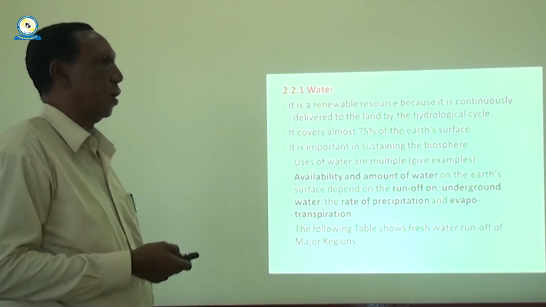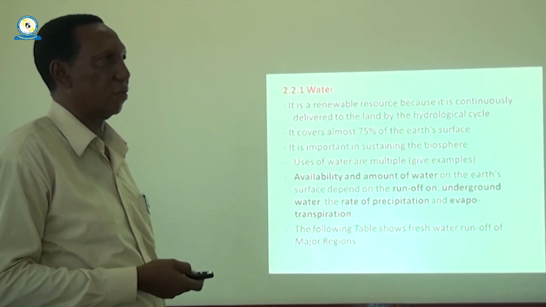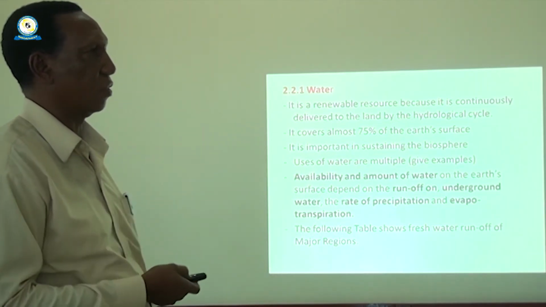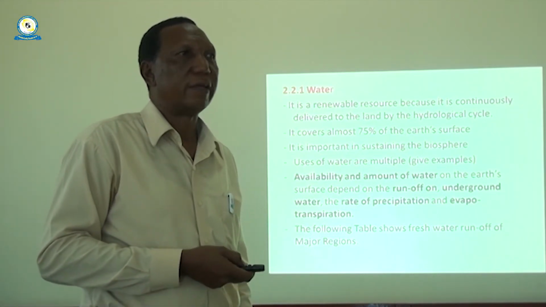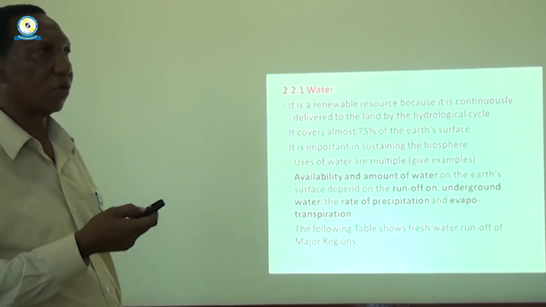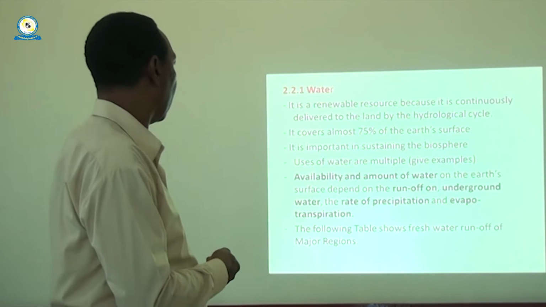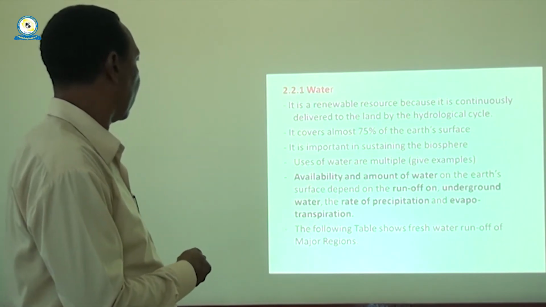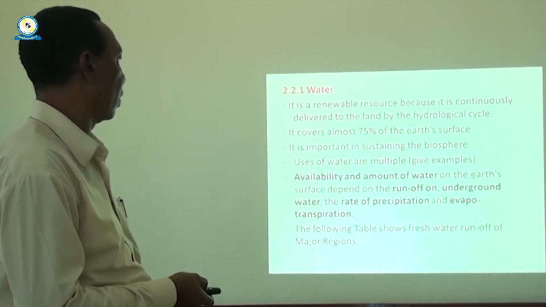When you talk of domestic use, there are various uses. Talk of irrigation, various. Talk of industries and so on. So you cannot exhaust this. Availability and amount of water on the Earth's surface depend on the runoff.